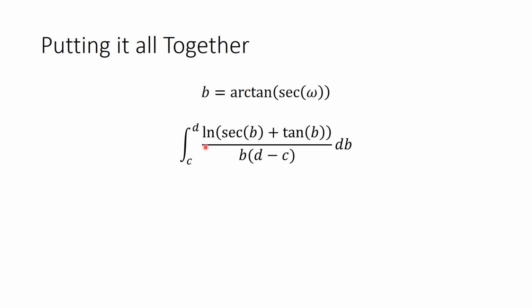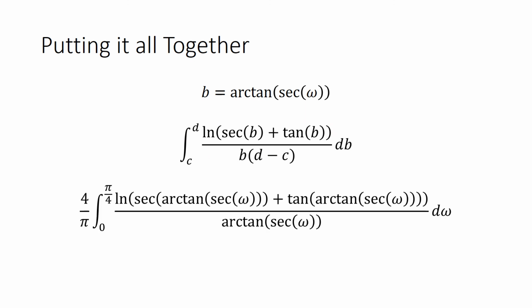And this is just from the secant of theta, the ln, and yeah. So basically c is going to equal 0 and d is going to equal pi over 4, because if you look back at the diagram from the previous slide, the 2D diagram, it's an eighth of a square. So that's just 360 over 8 is 45, which is pi over 4.